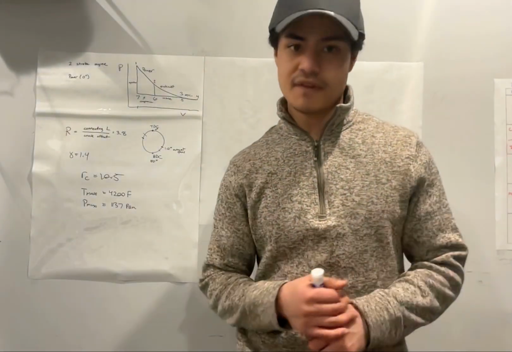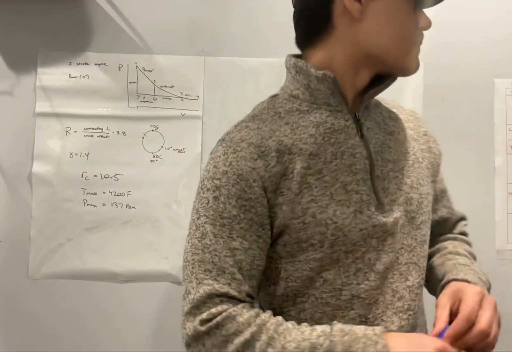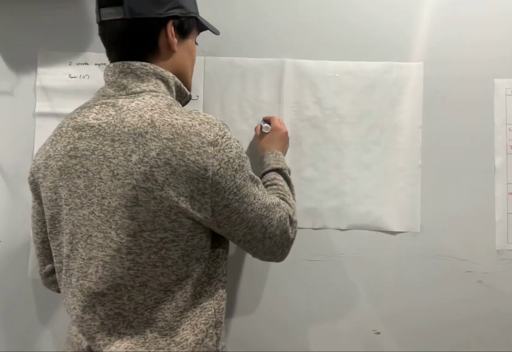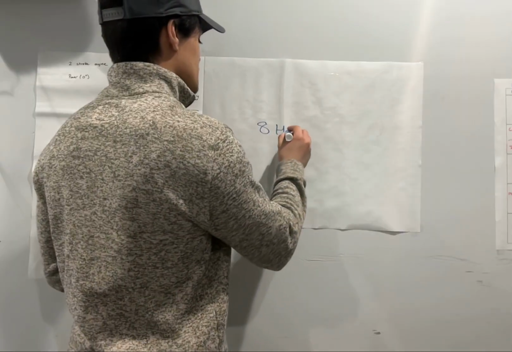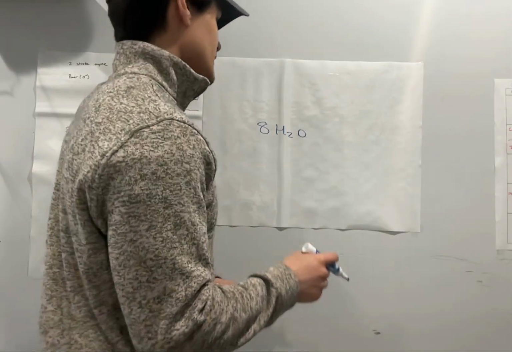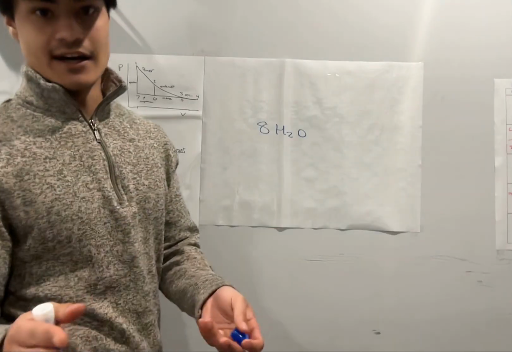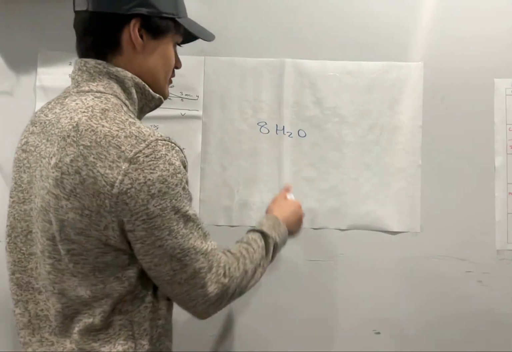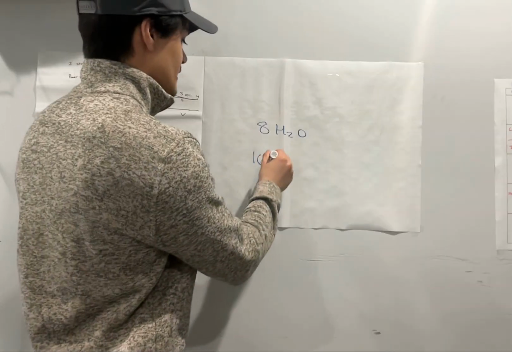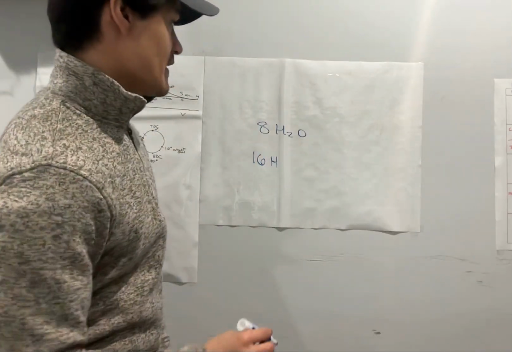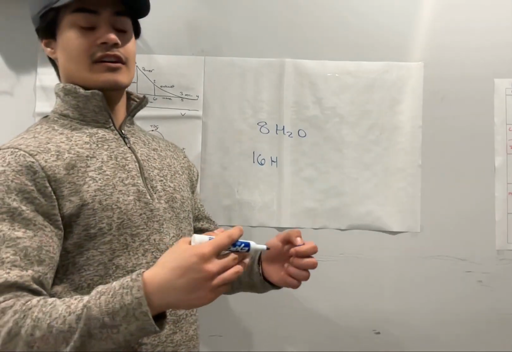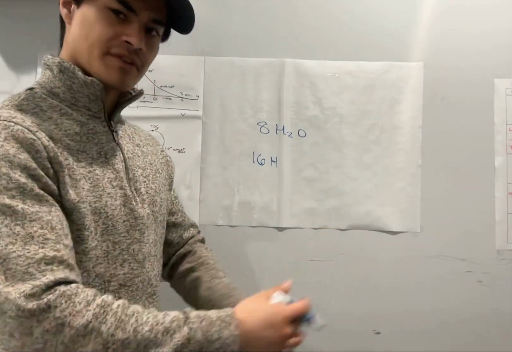I'll start off with chemistry basics. If I have, let's say, 8H2O, then if I was counting how many hydrogens I have, 8 times 2, which is 16 hydrogens. And then the number in the front always acts as a distributor essentially.